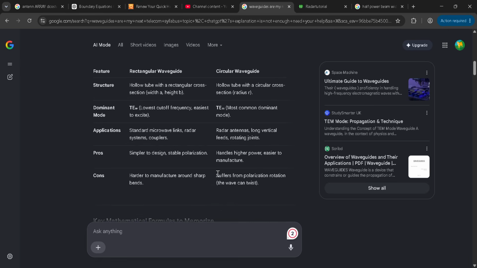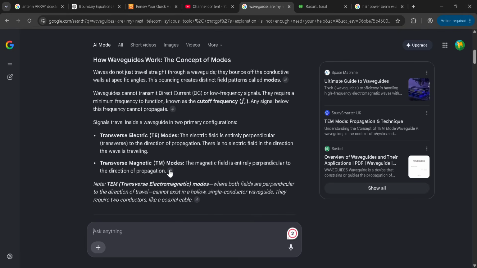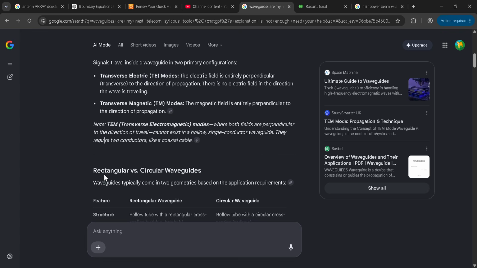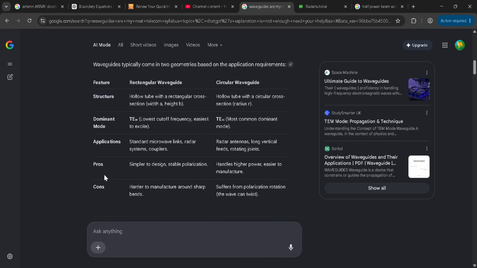Pros: simple to design, stable polarization. Cons: harder to manufacture and has sharp bends. The circular waveguide is a hollow tube with a circular cross section. Applications: radar antennas, long vertical feeds, rotating joints. It handles high power and is easier to manufacture, but suffers from polarization rotation. The wave can twist.